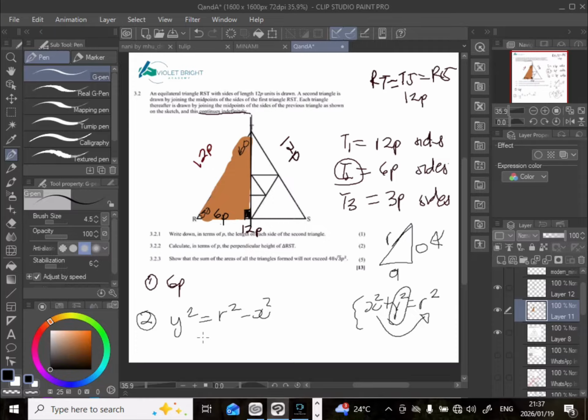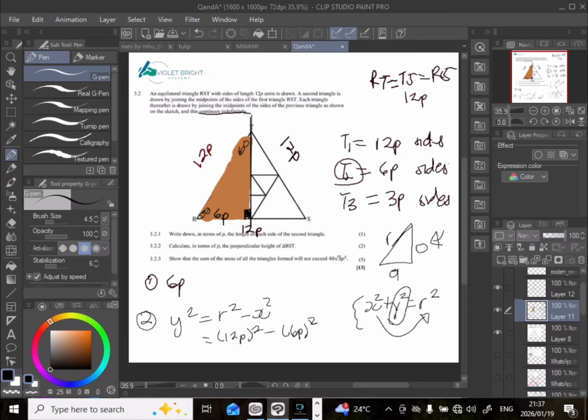So now let's continue. 12p squared minus 6p squared. So now we know that here we will have 144p.